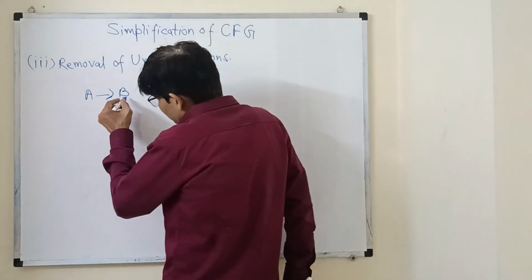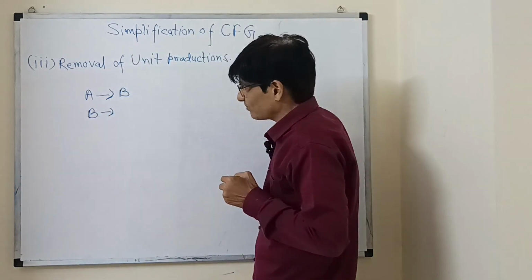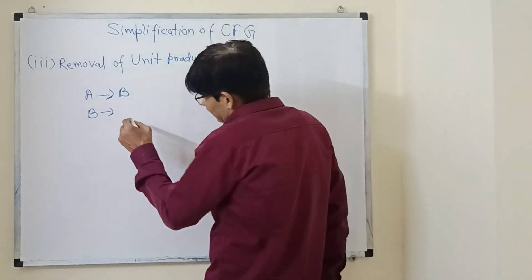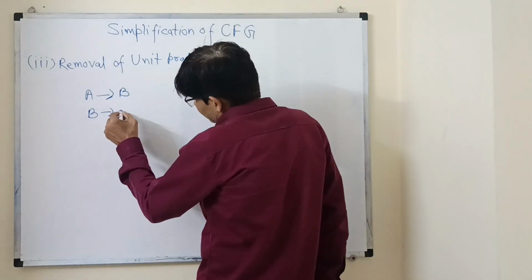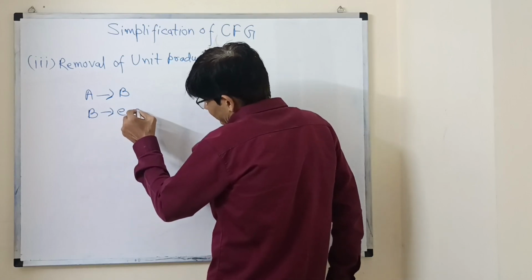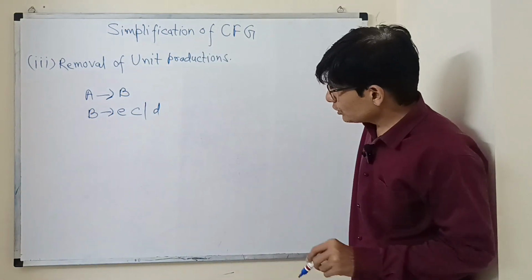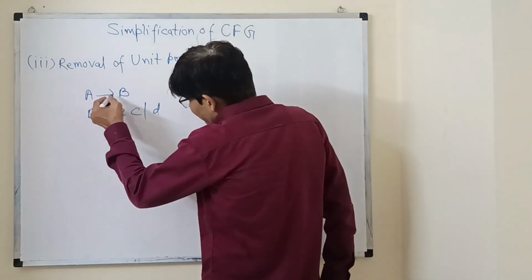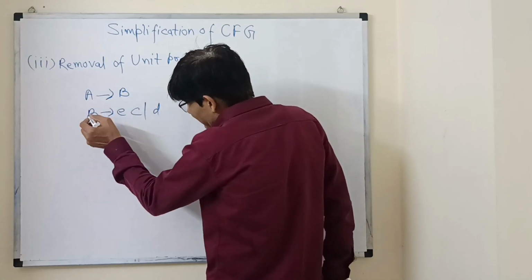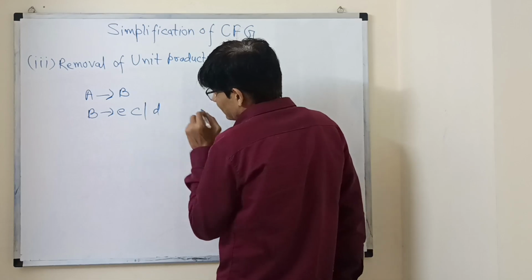Now suppose this variable on the right hand side of this production is again generating some terminals or variables like this. So now you can see we are generating B from A, then B is generating small e and C, and D.